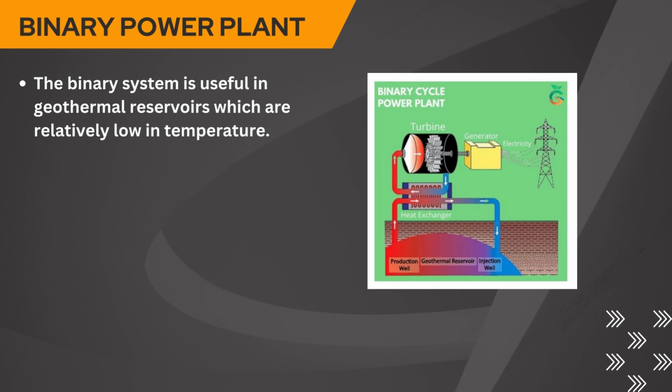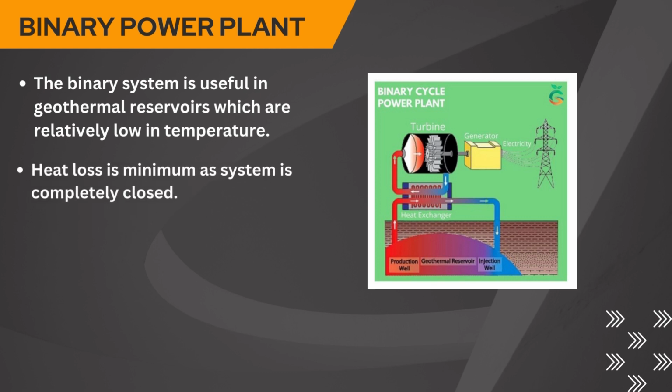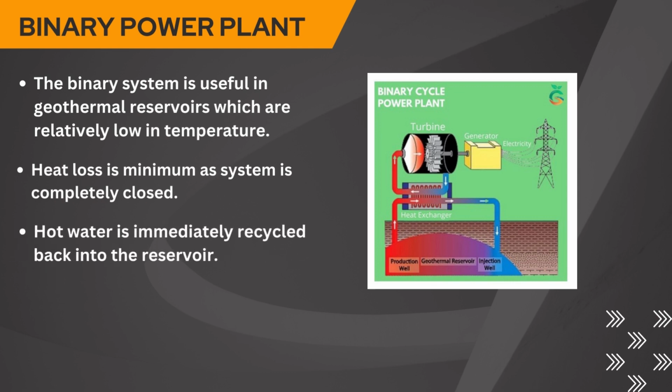Now the heat loss is also minimum here. Why? Because this system is completely closed. So here the loss of energy is also low. So we can say that it is an efficient system. Then the hot water that is available there is again recycled back to the reservoir.